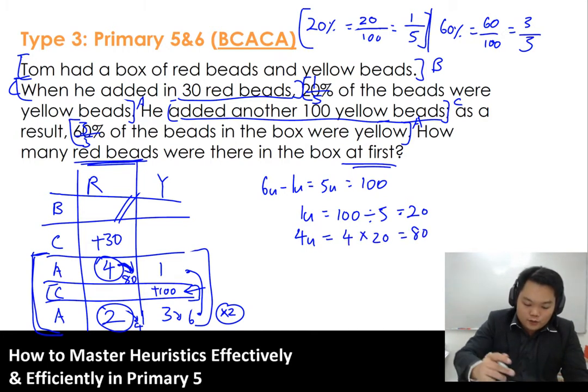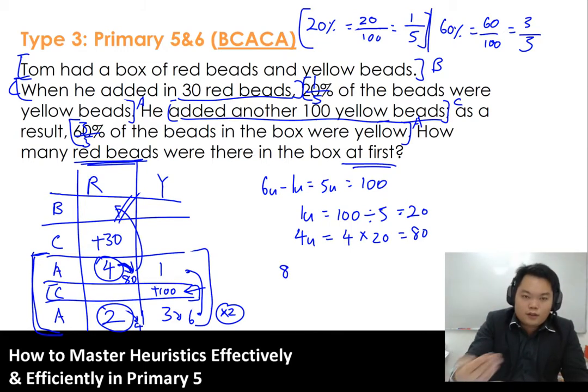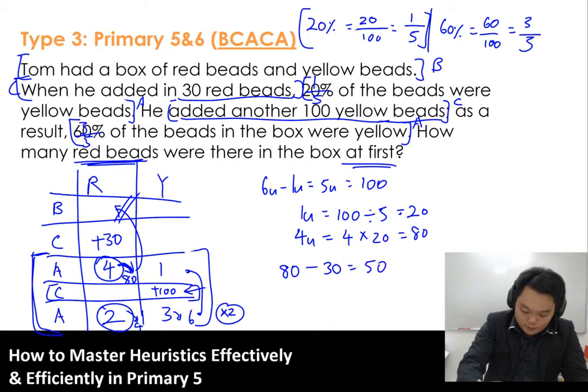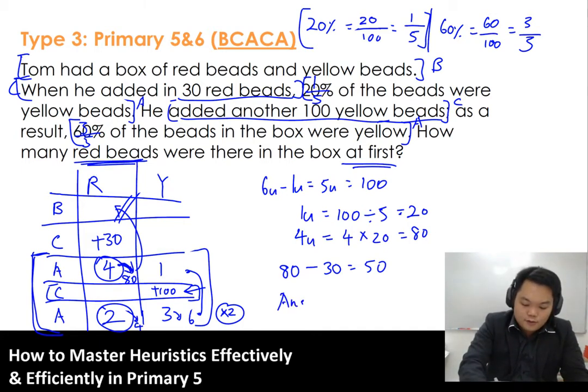When you know that this is 80, you can work backwards and find out that this has to be something plus 30 gives you 80. Therefore, 80 minus 30 should give you 50. Okay, so the final answer here is 50.